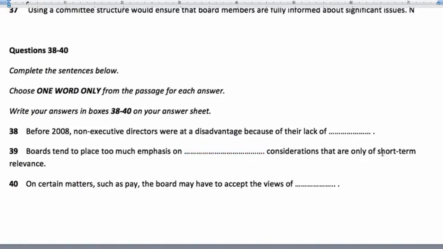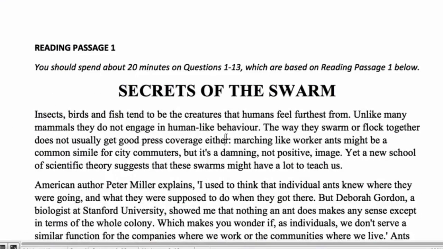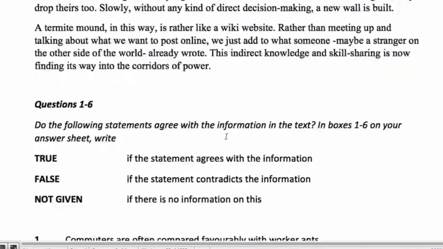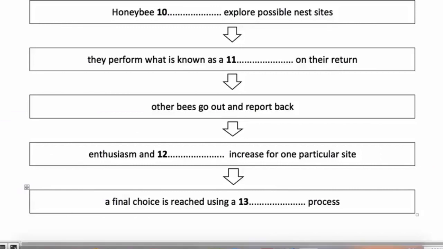Alright, I'll actually do one with you and show you the actual answer from one of these other tests. We saw this in part 1 of this grammar course, Secrets of the Swarm. So can you see the adjective? And that's it over there. There is our noun. So that must be an adjective.